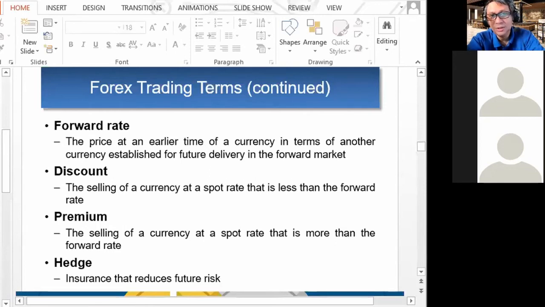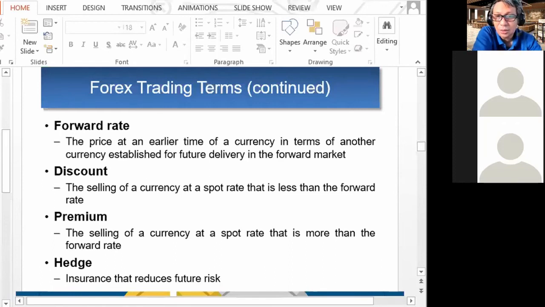Sa future, yung future rate, 43 pesos. From 45, 43 sa future. Kaya halimbawa, 45 pesos ng exchange rate, tapos we agree upon a forward rate of 43. So in the future, let's say after 2 months, 43 pesos yung exchange rate natin.